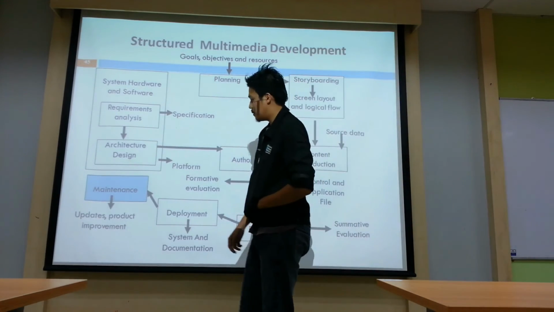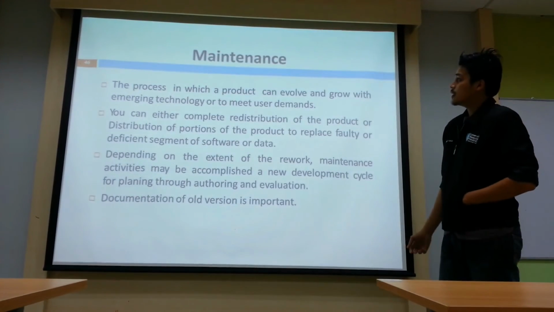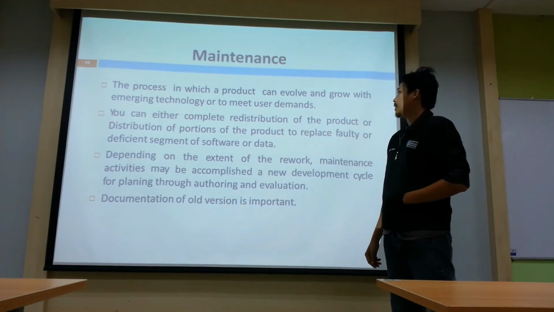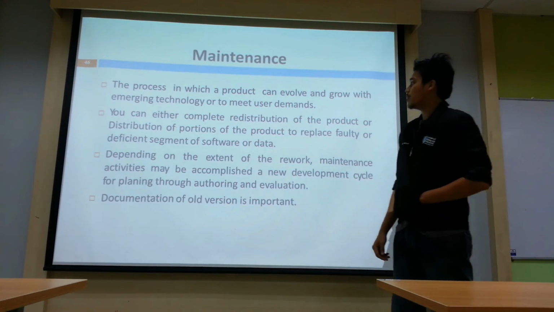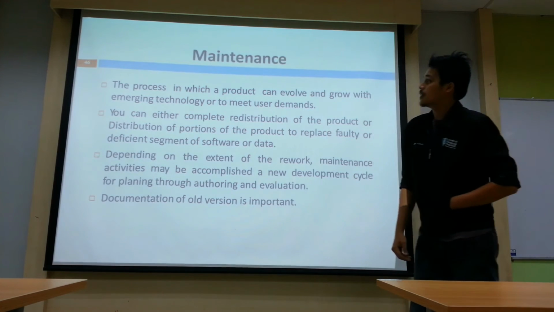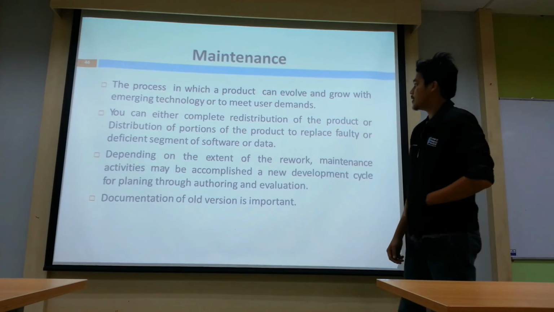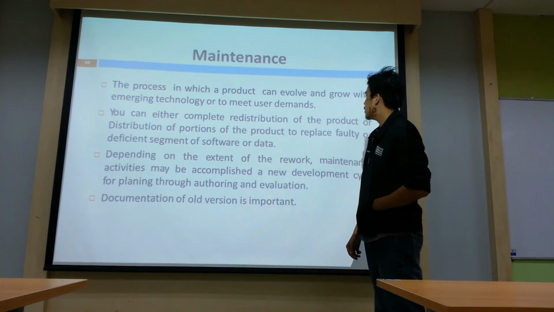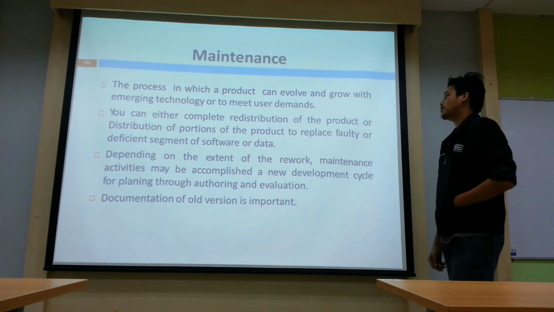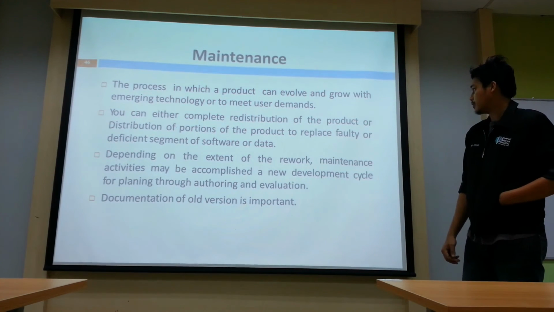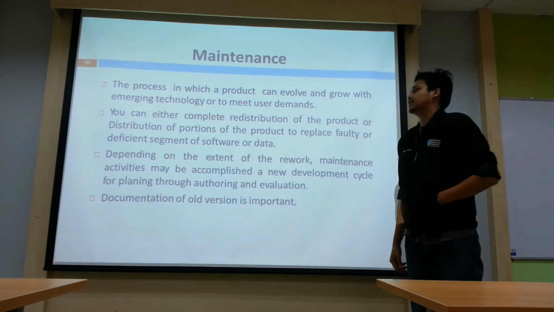We are focused on maintenance. So what is maintenance? Maintenance is the process in which a product can be improved to keep up with technology or to meet user demand. You can either complete the distribution of the product or the distribution of a portion of the product to replace defective or outdated versions of software or data.